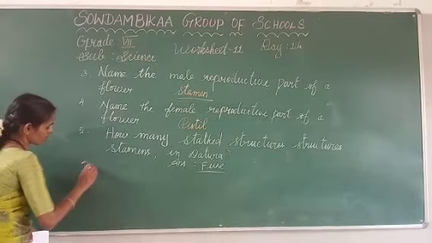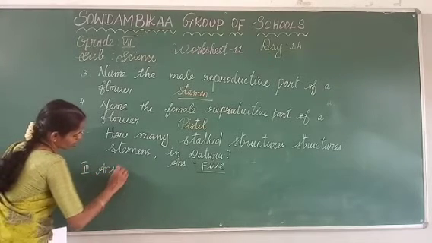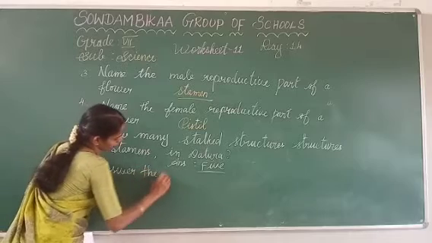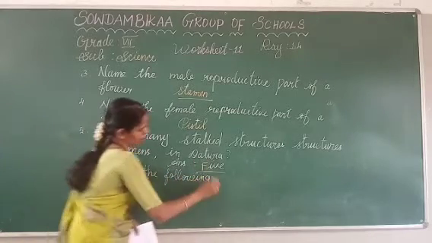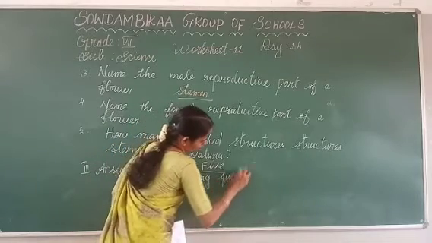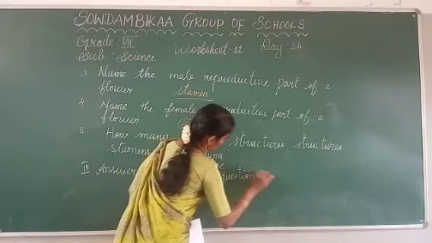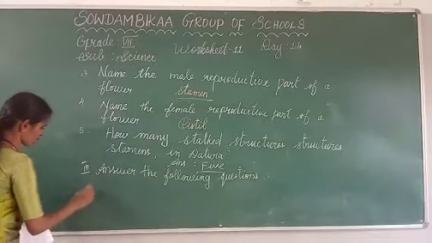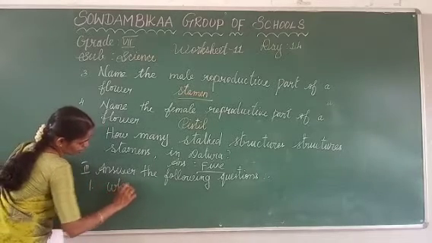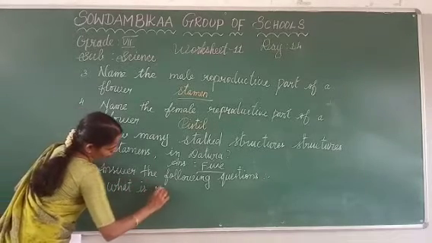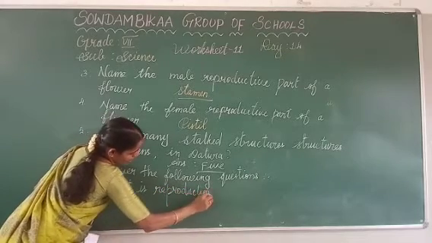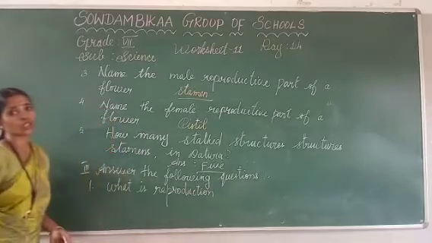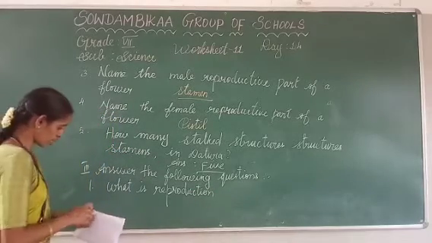Third Roman number is answer the following questions. The first question is, what is reproduction? What is the answer here? The process in which plants and animals produce their young ones.